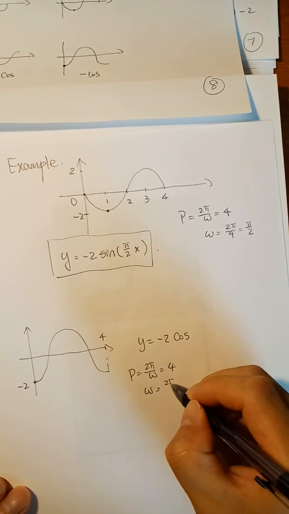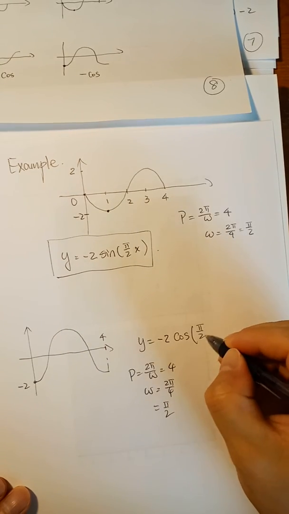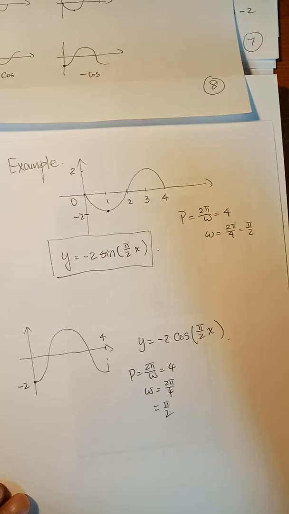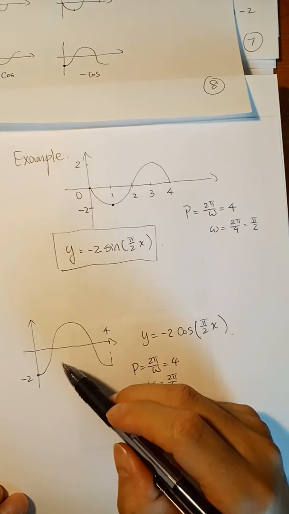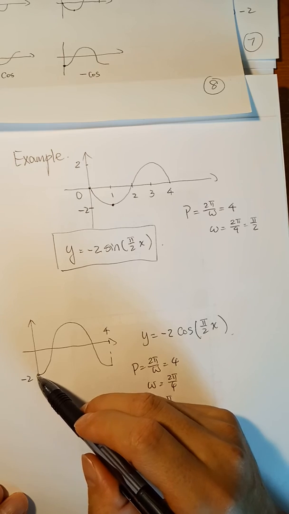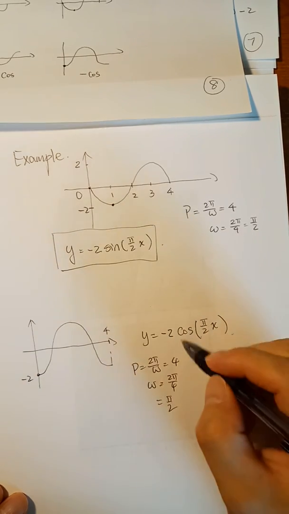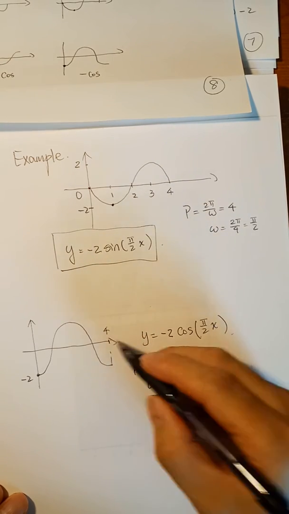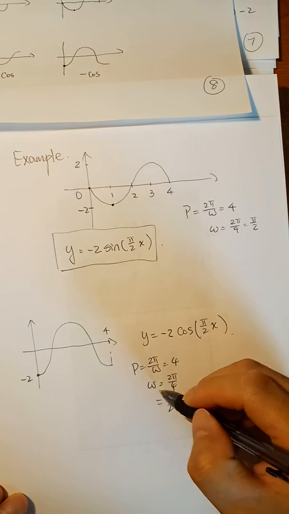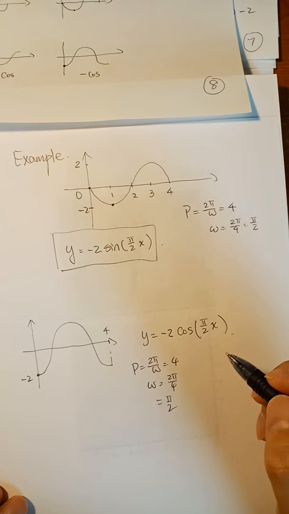So omega is 2 pi over 4, which is pi half. Okay, you see the order. So first you determine is this cosine or sine. It does not start from 0, so it's cosine. The first number you see is -2, so it's -2 cosine. And the period is 4. So 2 pi over omega is 4, then omega is 2 pi over 4, it's pi half. So it's pi half times x.